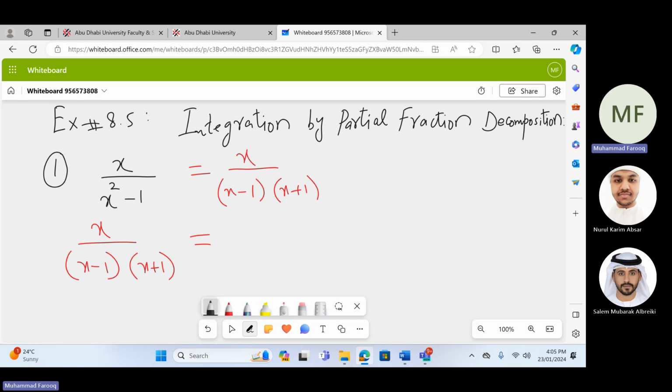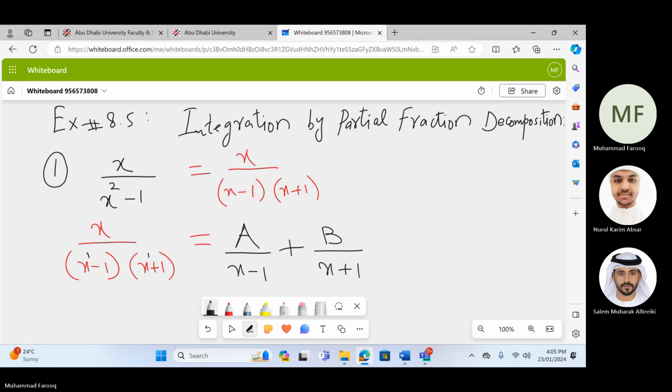So the first constant A divided by the first linear factor (x minus 1), plus the second constant B divided by (x plus 1), the second linear factor. So this is the decomposition if factors are linear. Linear means the power of x is 1. So if you have linear factors, we take only one constant. That is the first case.